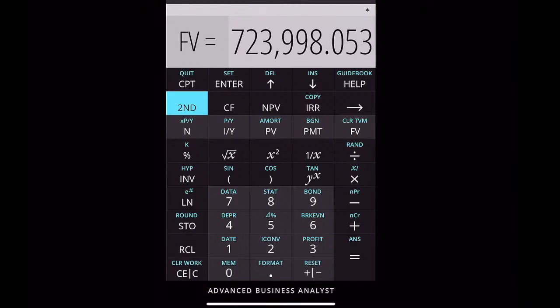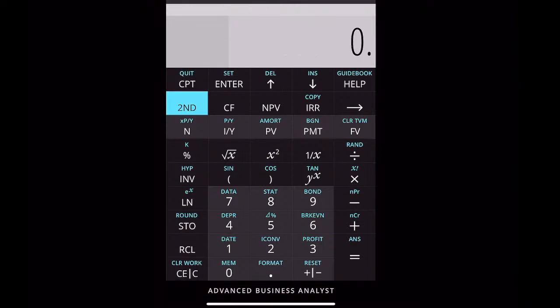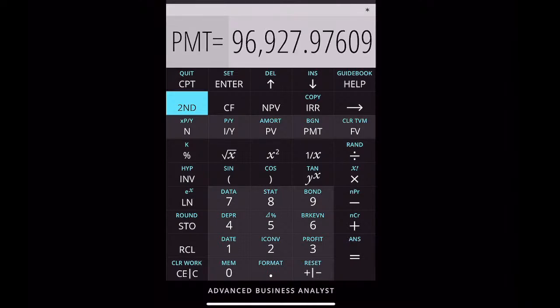Then I store 1, and clear my screen. Then I'm ready for the second part. 20 into N, 12 into interest, recall 1, put that into PV, and I suggested to change the sign, and then 0 into FV and ask for the payment, and that's the answer.